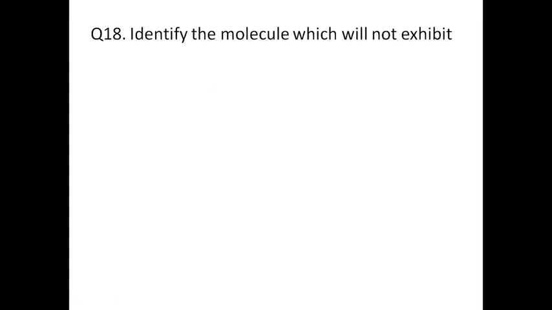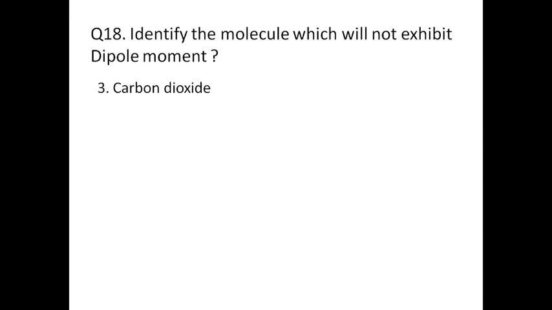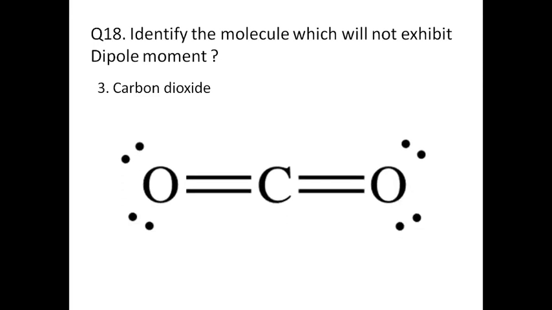18. Identify the molecule which will not exhibit dipole moment. Carbon monoxide, chloroform, carbon dioxide, and ammonia. To exhibit dipole moment, there must be a difference in electronegativity. Of course, there is a difference in electronegativity between carbon and oxygen.